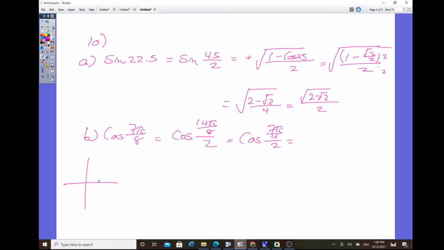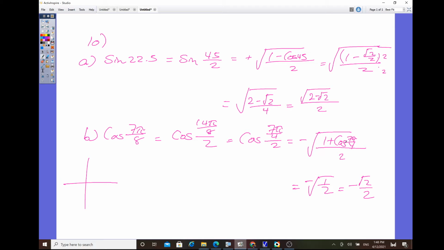7 pi over 8 is in quadrant 2, so it's going to be negative. Square root of (1 plus cosine of 7 pi over 4) divided by 2. Cosine of 7 pi over 4, that's 0. So it's negative root of 1 over 2, which is negative root 2 over 2.